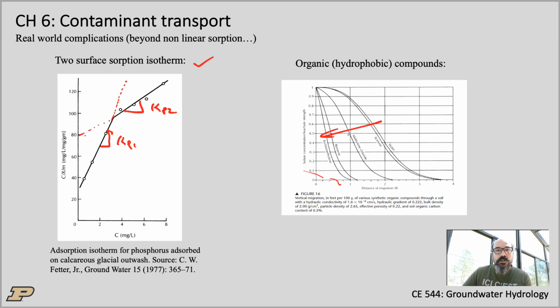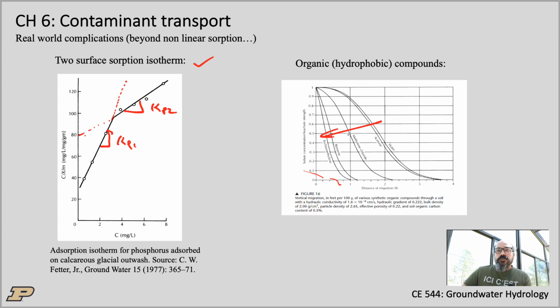The more organics you have in the soil, the more retardation of those hydrocarbon compounds you'll have. This is really important in engineering and remediation, so we could do a whole chapter on this. I'm not going to go too much into it, but just remember that the retardation factor for organics depends on the organic content of the formation.